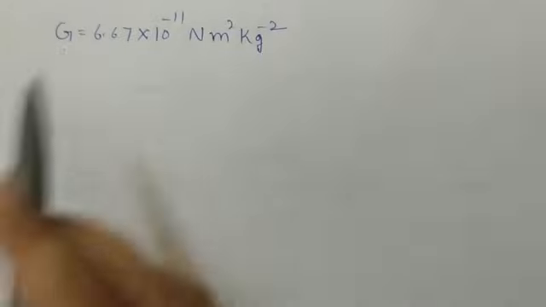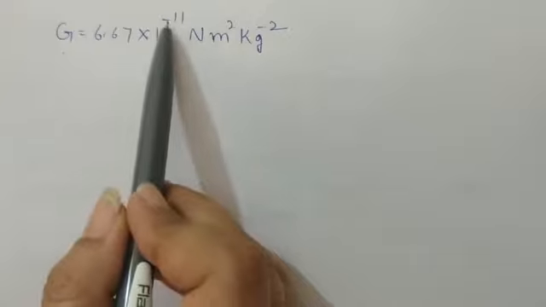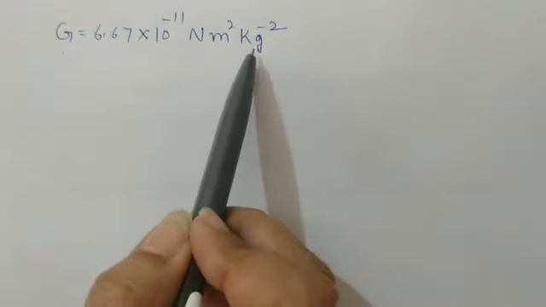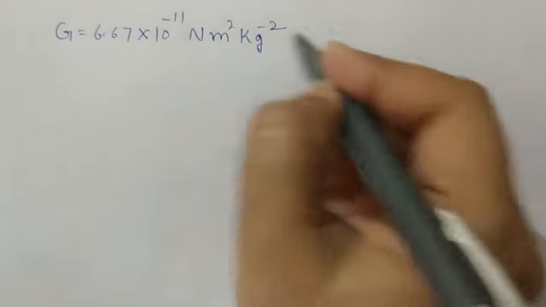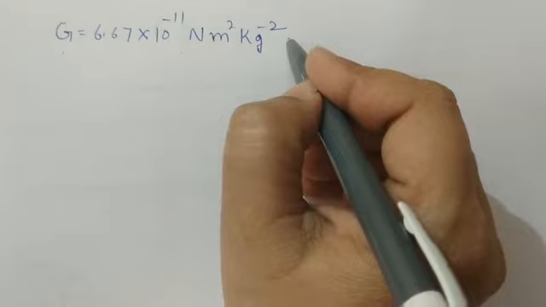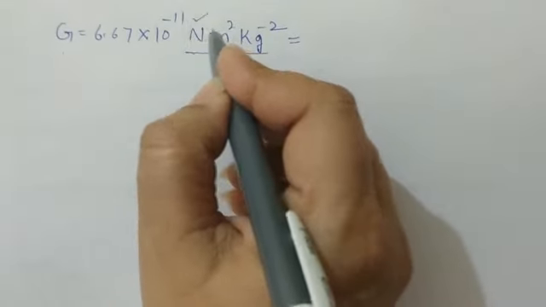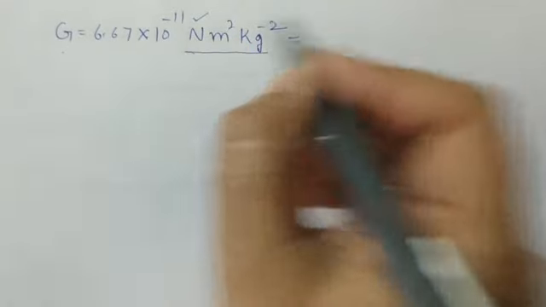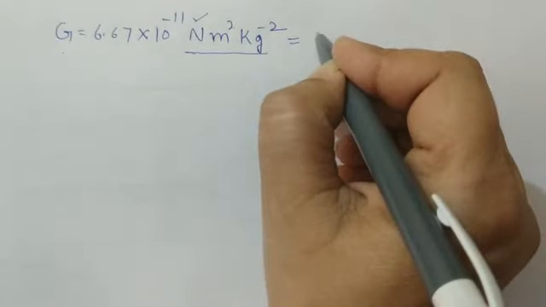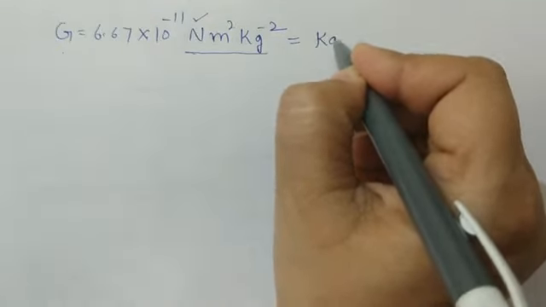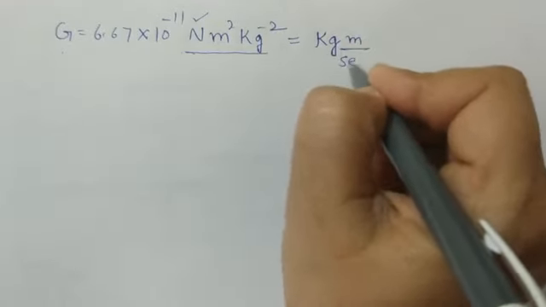Another example, value of capital G in MKS is given 6.67 into 10 to the power minus 11 Newton meter square per kilogram square. Now, again we have to convert it into CGS system. To convert in CGS system, first we'll have to change this unit because here it is written Newton. First we'll write Newton in terms of SI units, that is kilogram, meter and second. So Newton can be written as kilogram meter per second square.